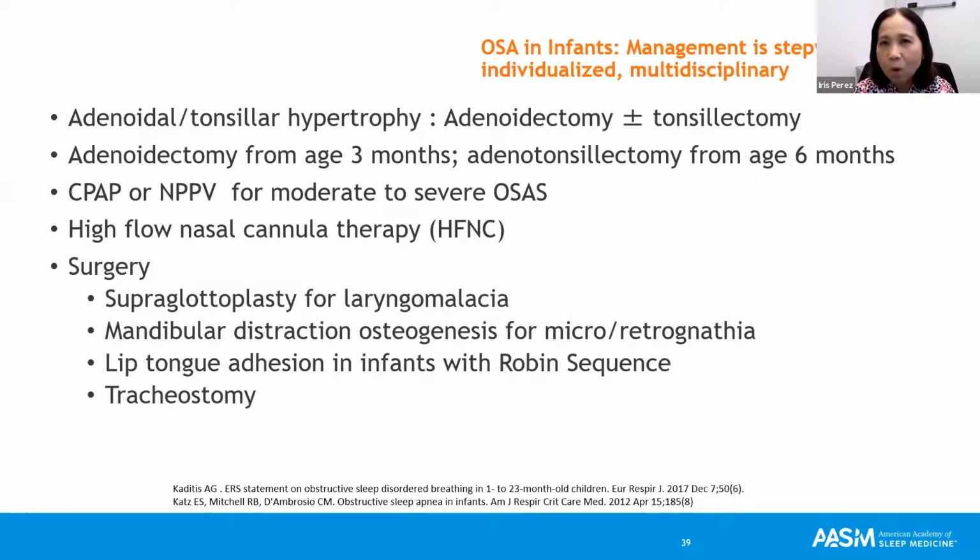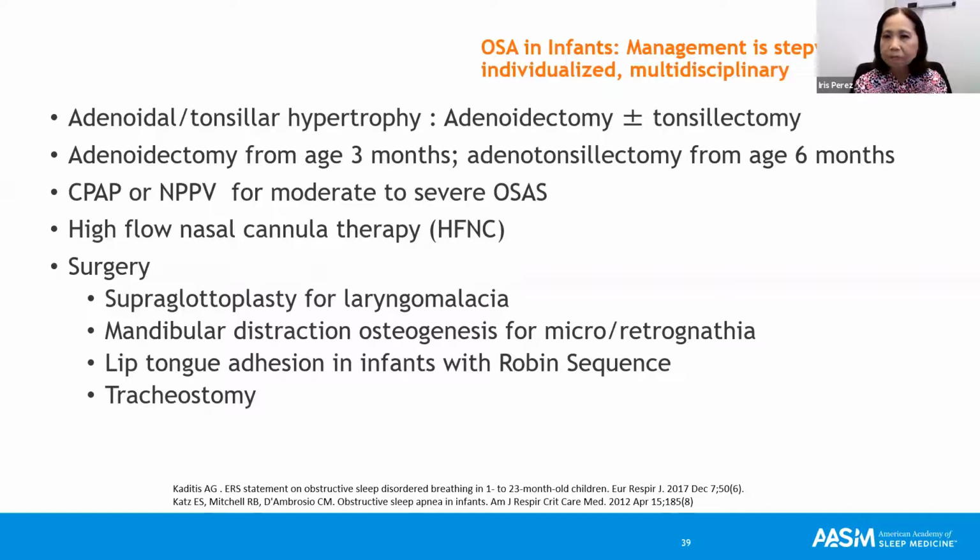Following a stepwise, individualized, and multidisciplinary approach, the European Respiratory Society recommends the following. In those with adenoidal and tonsillar hypertrophy, one can perform adenoidectomy in infants younger than 3 months, and adenotonsillectomy in those who are 6 months of age.